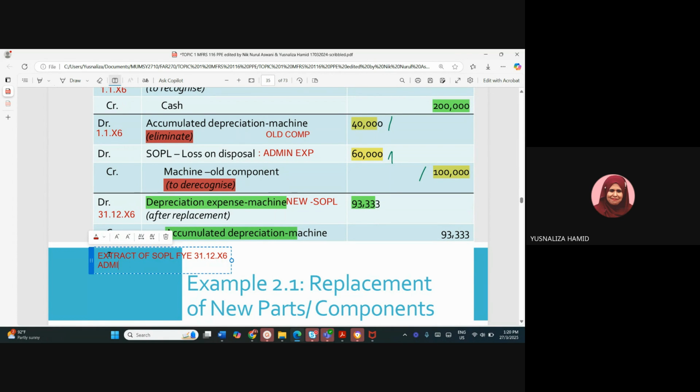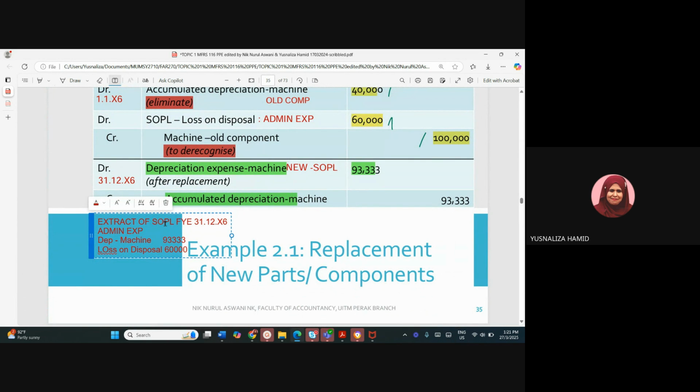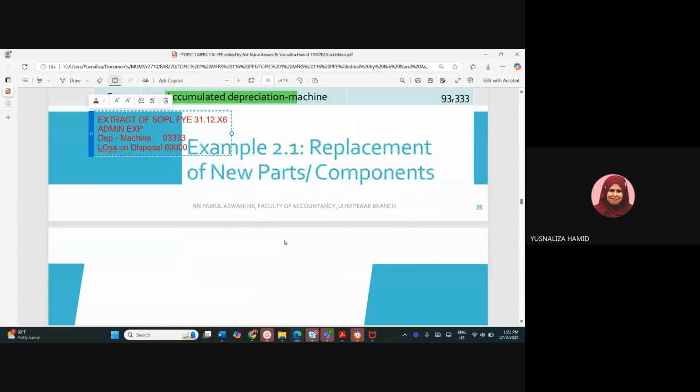You have your admin expenses, and in that you will have depreciation for the machine, which is 93,333, and you also will have the loss on disposal, which is 60,000. The carrying amount, let me check, 466,667 will appear in your statement of financial position, and the movement of this must also be shown in the notes to the accounts. That will be covered later.